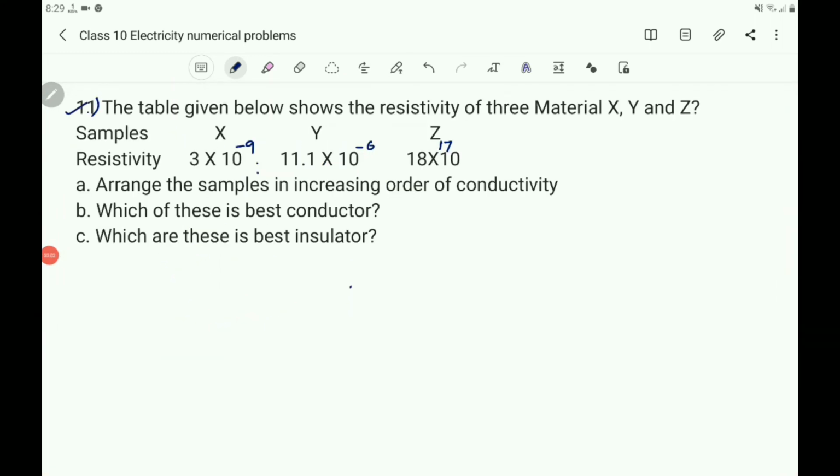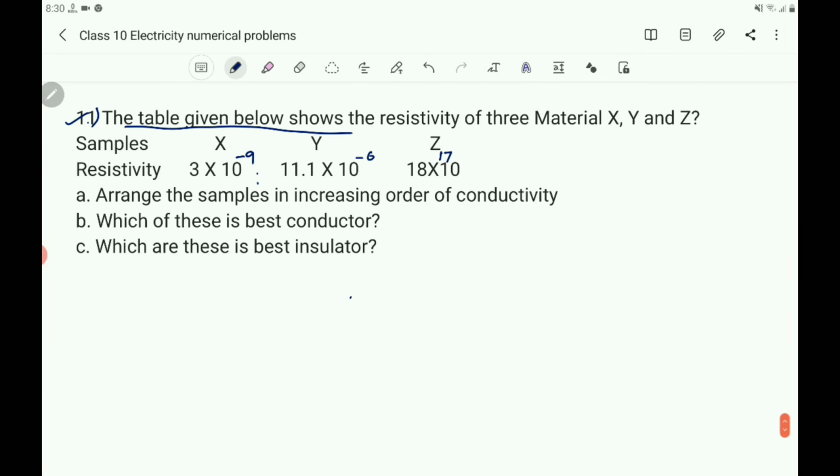Now the question number 11. The table given below shows the resistivity of three materials X, Y and Z. Arrange the samples in increasing order of conductivity. And which of these is the best conductor? Which of these is the best insulator? Here, increasing order of conductivity means decreasing order of resistivity.